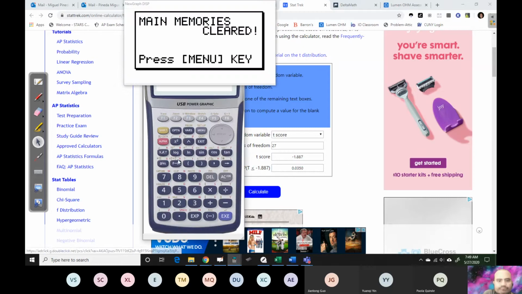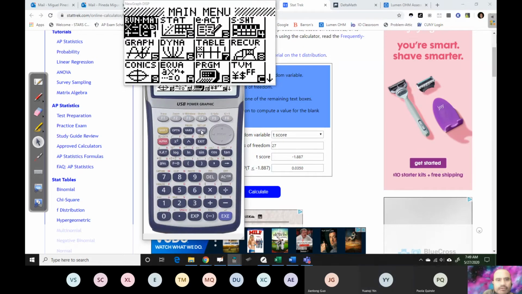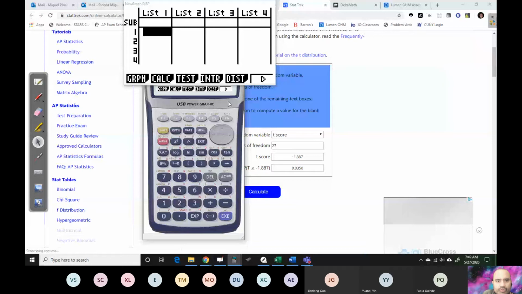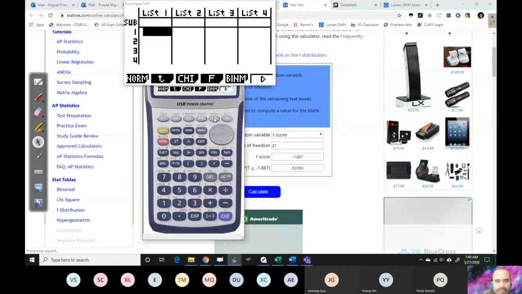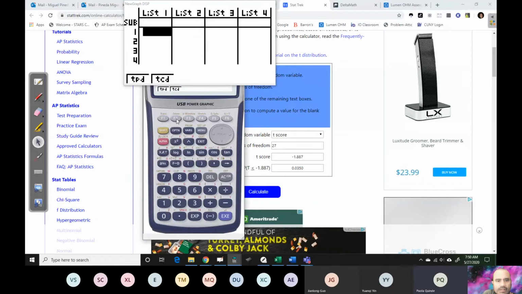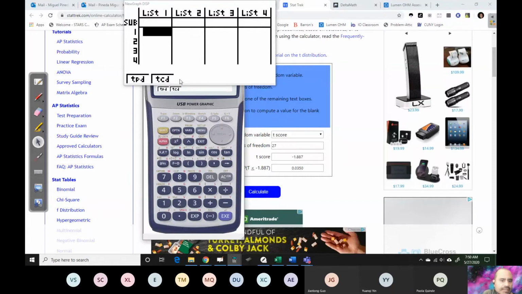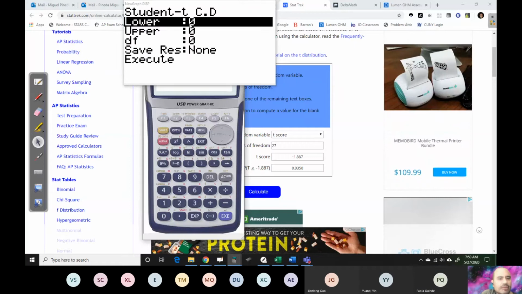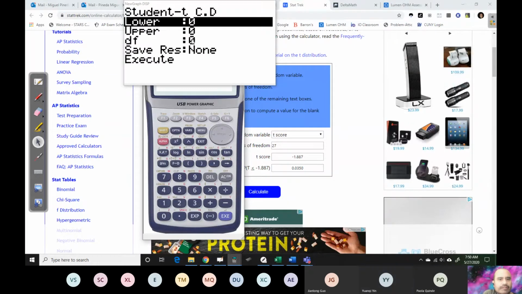There you go. I didn't realize that I didn't have a calculator for that. Sorry. We're going to go to statistics, then distribution, then t-value. See, this one doesn't have inverse, but I don't need the inverse at this moment. This one asks you for the lower, the upper, and the degree of freedom.